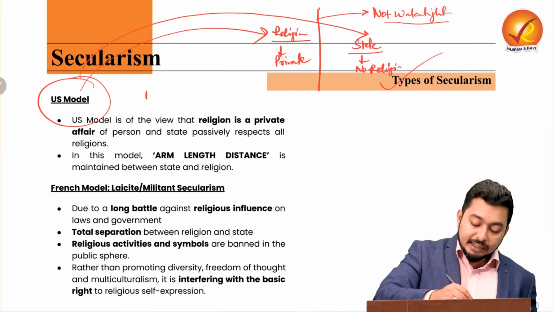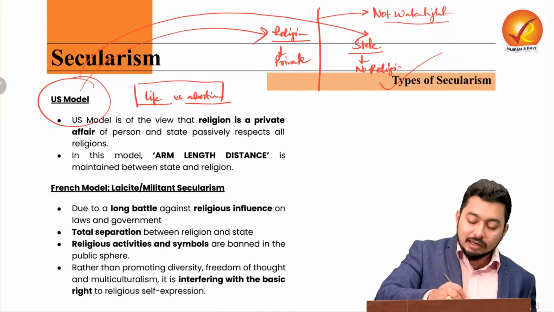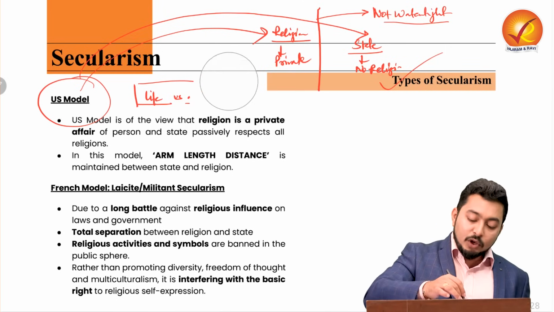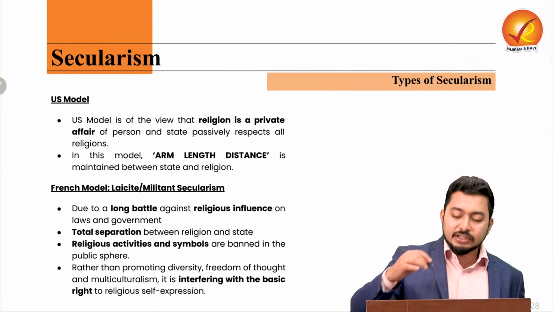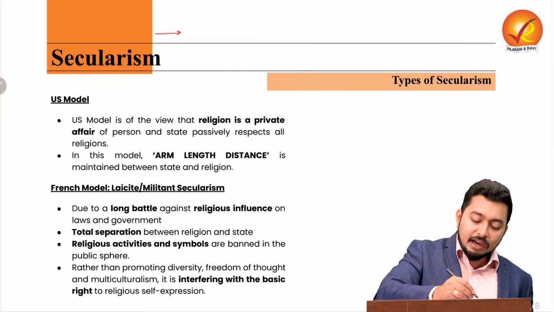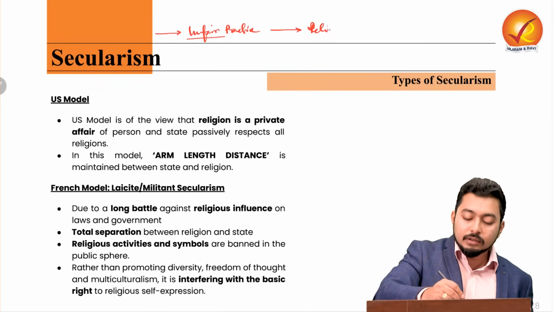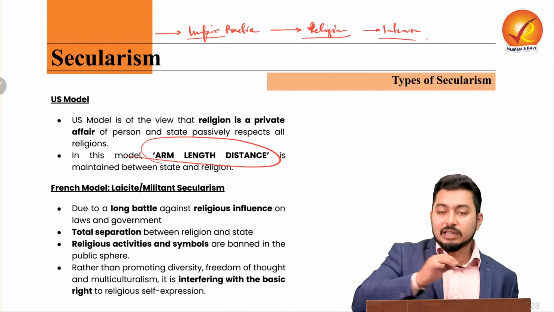Let's say when debates of life versus abortion, or whenever cultural rights come in the way of constitutional rights, then such debates can be opened and there can be state intervention. What do you mean by state intervention? That means whenever we see any unfair practice which is being promoted in the name of religion, then the state can intervene. But we maintain an arm's length distance.